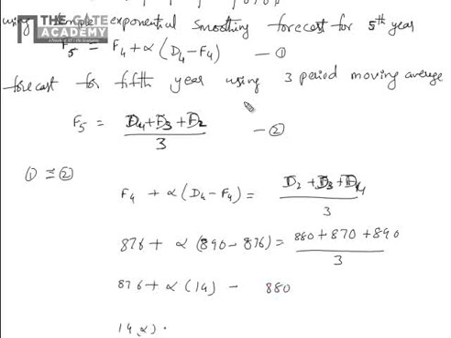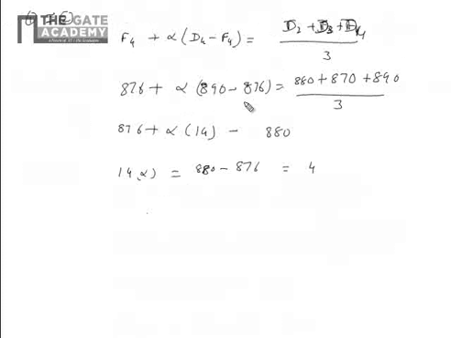So 14 alpha equals 880 minus 876, which is 4. So alpha equals 2 by 7. Answer is C. If you know the weighted moving average, then only you can solve. Even if you know simple exponential smoothing, you can't solve this.